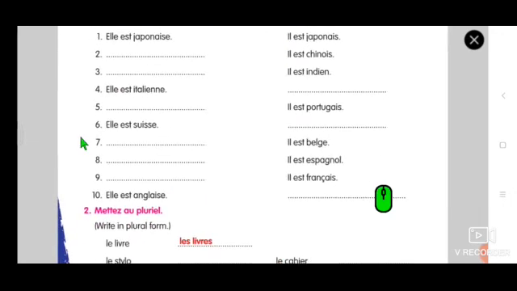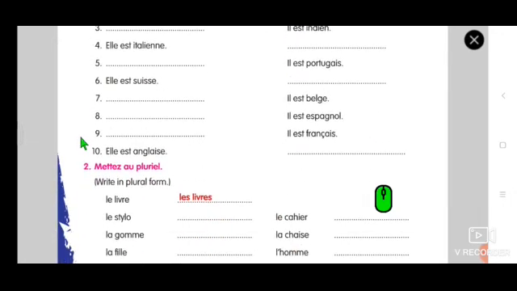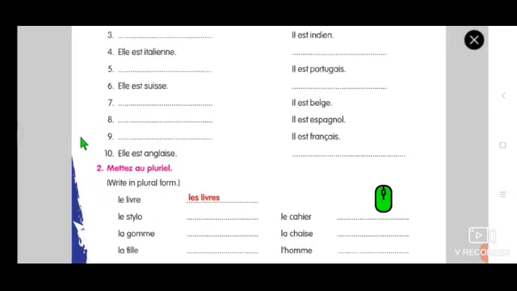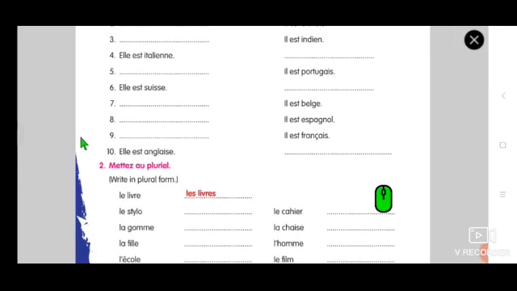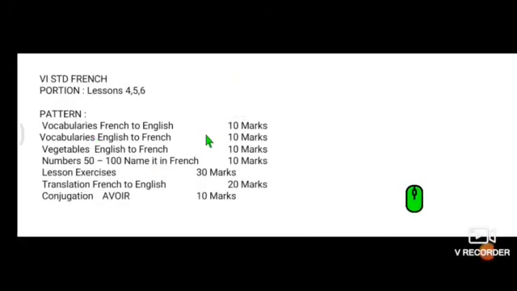Okay, with this we are completing our revision video, and whatever is left out, let's see the pattern. This is a rapid revision. So far we have finished vocabularies, vegetables, numbers from 50 to 100, and the lesson exercises we have roughly seen. Conjugation we have done.